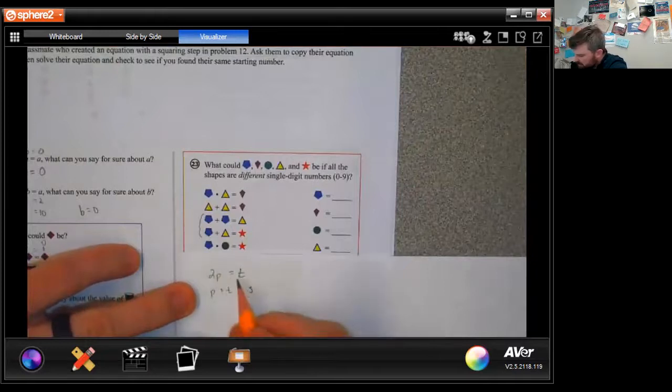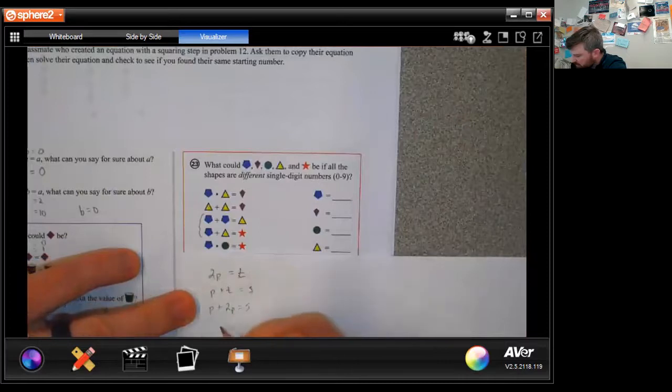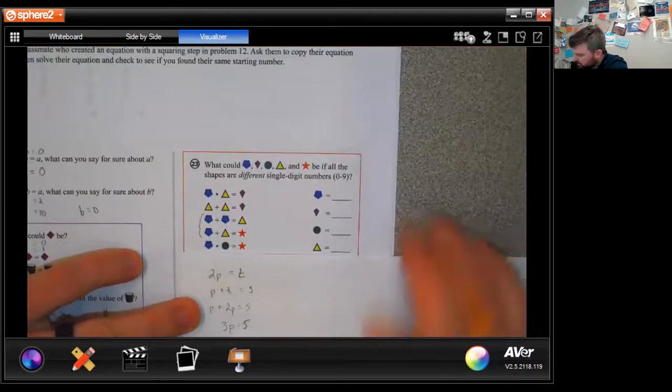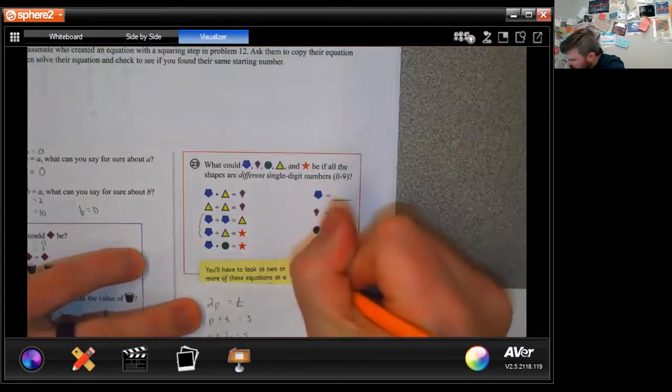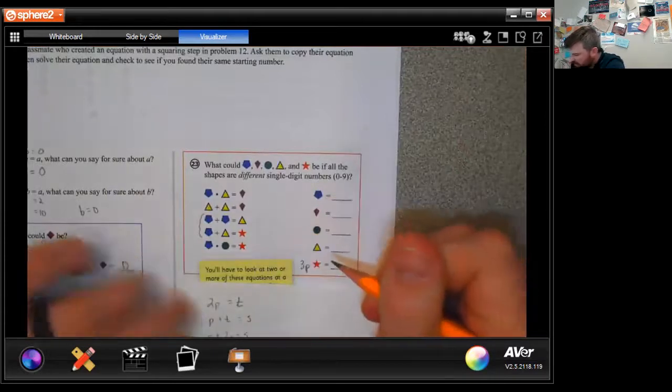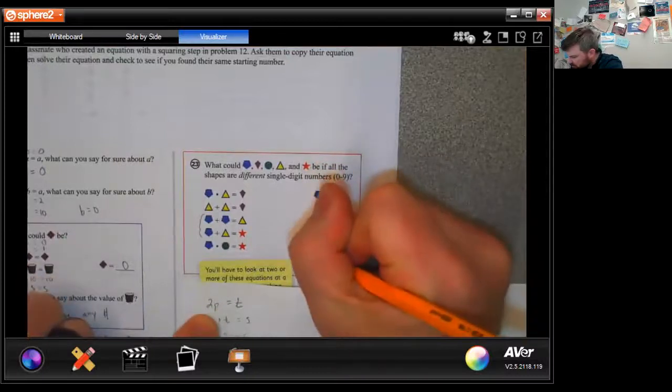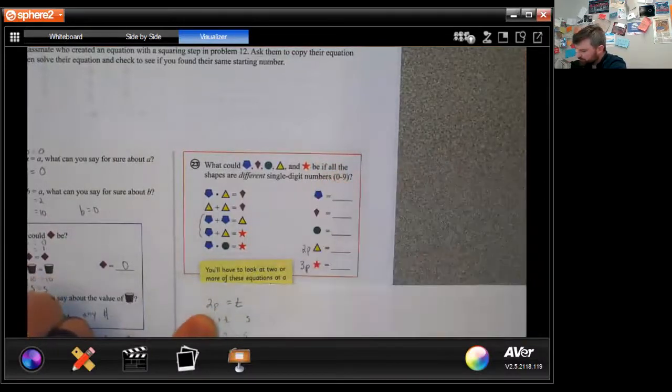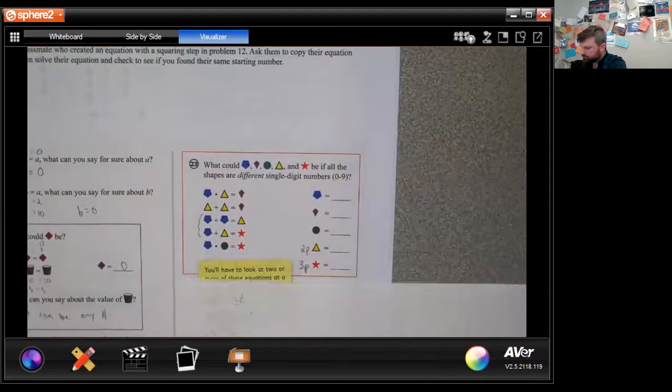Okay, so I know I can take 2p and put it in for t. So I know that p plus 2p equals a star. So 3p equals a star. Whoop. So star is 3p. I know a triangle is 2p.